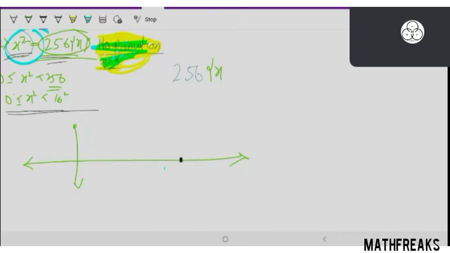This point is what? 15 to 16. From 16 onwards also, the graph will be like this up to 17, and from 15 onwards also the graph will be like this.